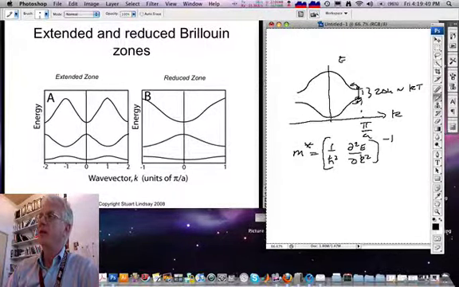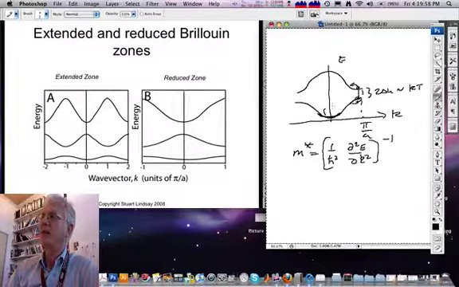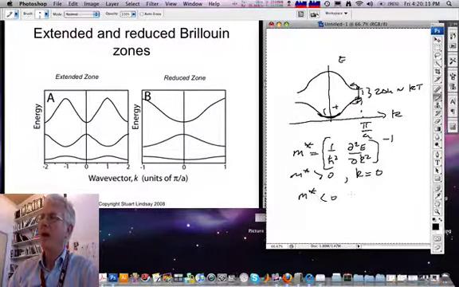Notice that in this region here, where the parabola looks like that for a free electron, one might expect the effective mass to be something like a free electron. But in this area here, the curvature changes sign. So something that has a positive effective mass here becomes a negative effective mass for particles near the Brillouin zone boundary.